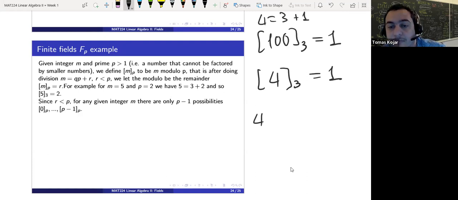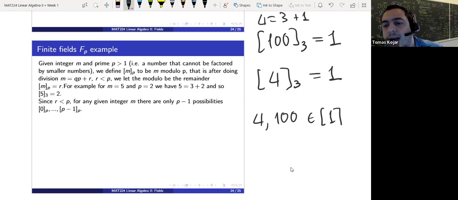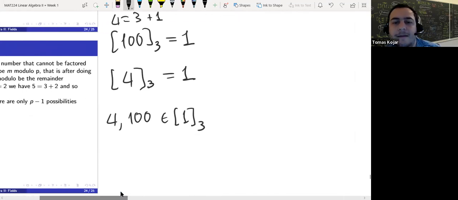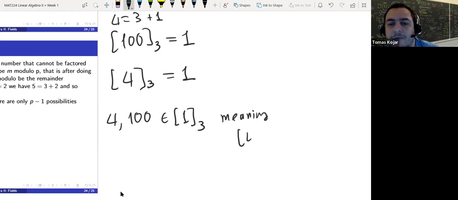So 4 and 100 belong to the modulo class of 1 mod 3. This is a little bit of playing with definitions, but all we're saying is that 4 modulo 3 is 1 and 100 modulo 3 is also 1.